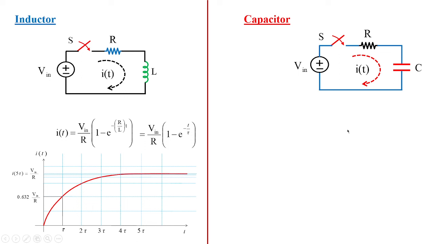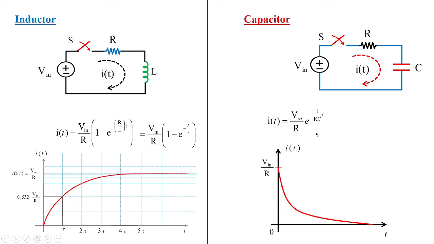Similarly, for the capacitor, when you account for transient current, the equation would be V in by R e to the power of minus 1 by RC t. Again, small t is known as the time period and RC is the time constant. So here, if you substitute different values of t, you're going to get the transient current as a drooping characteristic, or it is exponentially decaying.